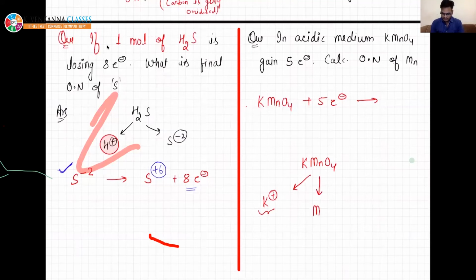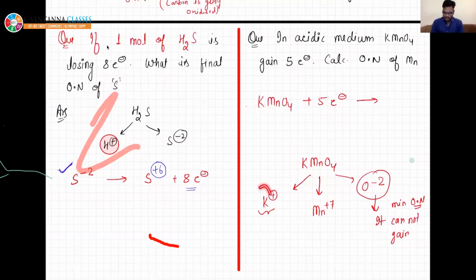Mn is present in +7. Oxygen is present in -2, so it cannot gain, as it does not have space. It is already in its minimum oxidation number, so it is not possible for oxygen to gain.